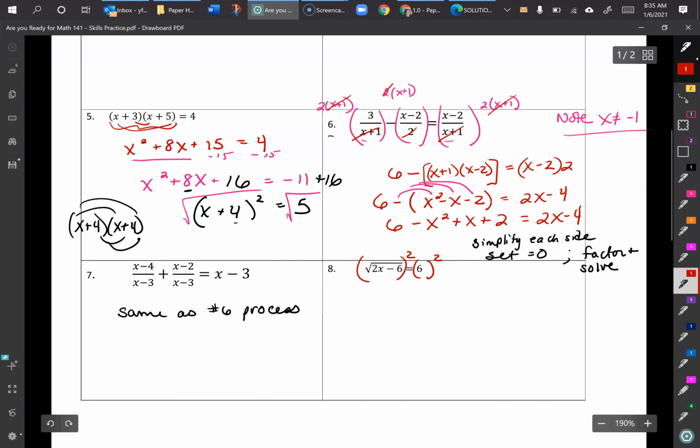Our radical's already isolated, so we go ahead and do that. And so I'm just left with 2x minus 6 equals 36. And you can go ahead and solve that fairly easily. You do have to check your answers back in to make sure they work out for both sides.